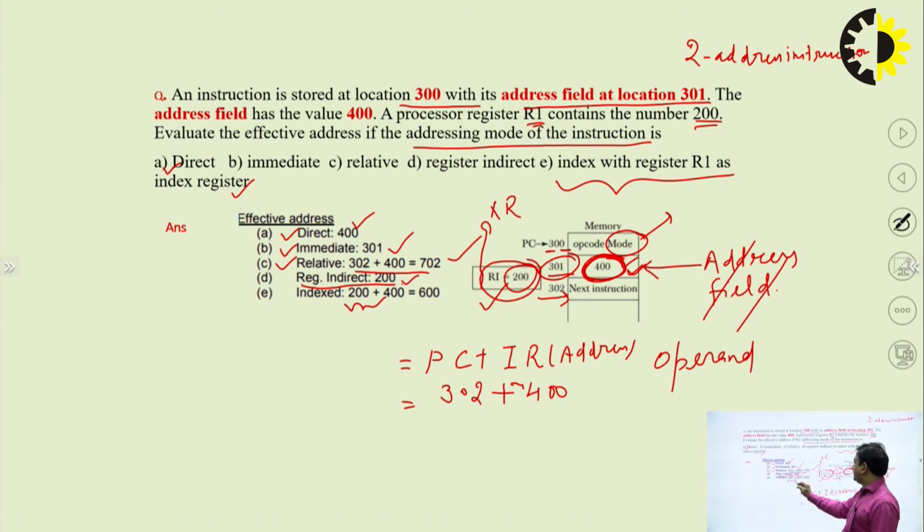So the value of the index register is 200 and the address field of the instruction register is 400. The sum of this becomes 600. So we can calculate the effective address in case of different addressing modes just by having a clear definition of the different addressing modes.